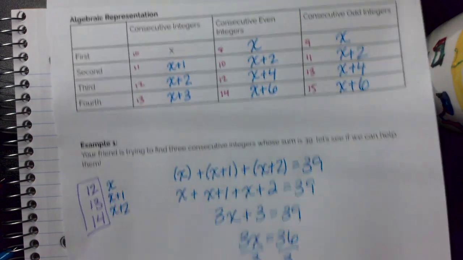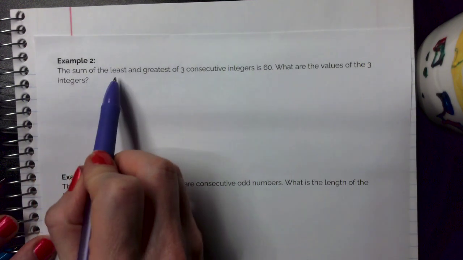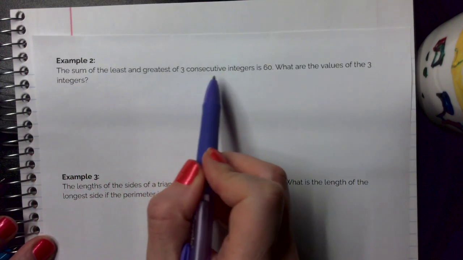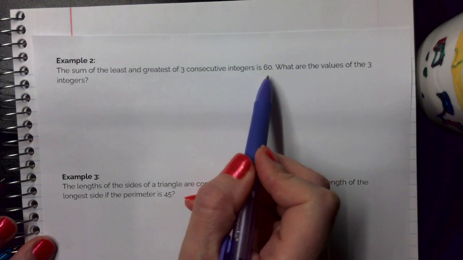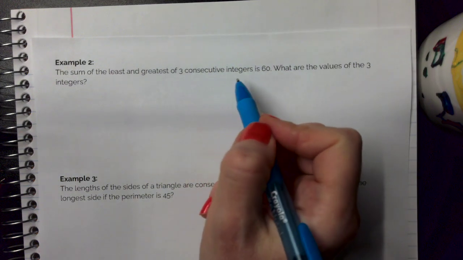Let's do another example. The sum of the least and greatest of three consecutive integers is 60. What are the values of the three integers? Ooh, the least and the greatest. Consecutive integers.